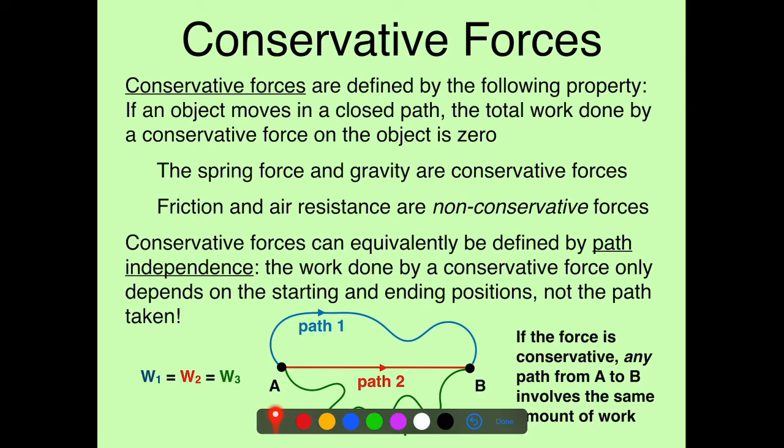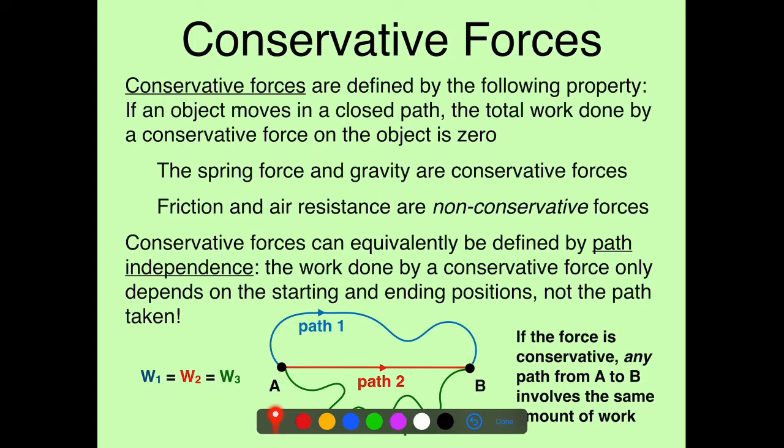Okay, and so this takes us to the definitions of conservative and non-conservative forces. So the three examples that we did really help illustrate the difference between those two. So a conservative force is any force that has the following property. If an object moves in a closed path, the total work done by a conservative force on the object will be zero.